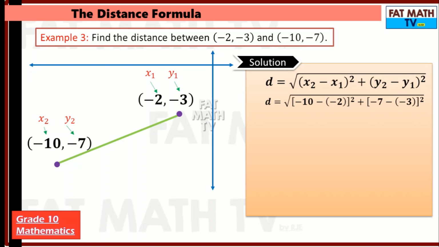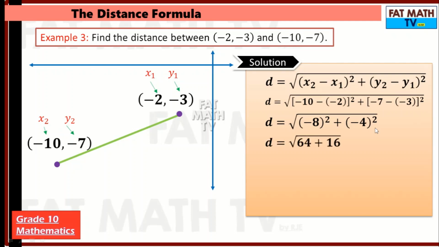But before that, we have to change the operation to addition and change the sign of the second one, of the subtrahend. Okay, so negative 10 minus negative 2 is the same as negative 10 plus positive 2. So that is negative 8. And then negative 7 minus negative 3 is the same as negative 7 plus positive 3. And that is negative 4.